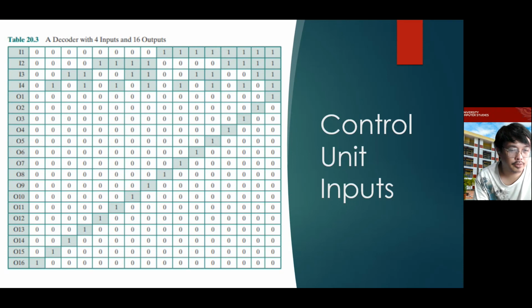To simplify the control unit logic, there should be a unique logic input for each opcode. This function can be performed by a decoder, which takes an encoded input and produces a single output.